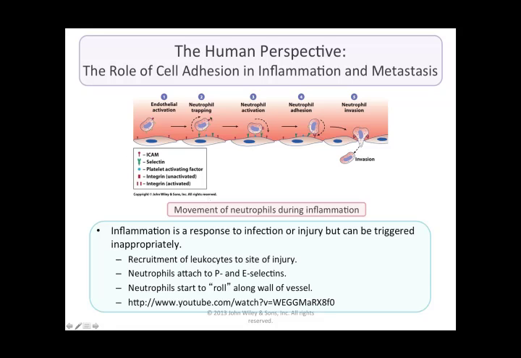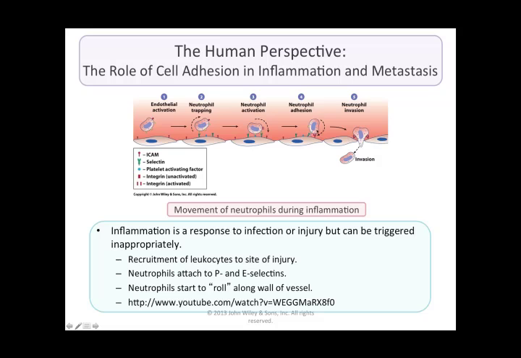You don't want them to actually activate inflammation until there's a reason. So usually on the surface of the white blood cell, on the neutrophil, they don't express the integrin. It's unactivated until the signal has been sent that it should be activated. So they usually just roll along until there's an activation.